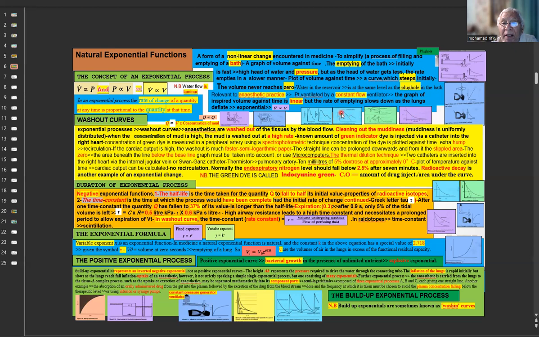First of all, the dye increases, and then it decreases again exponentially, and after that it causes a hump because there is a recirculation. So of course, to get rid of this hump, we use what we call a semi-logarithmic curve, where the horizontal axis is linear and the vertical axis is logarithmic.